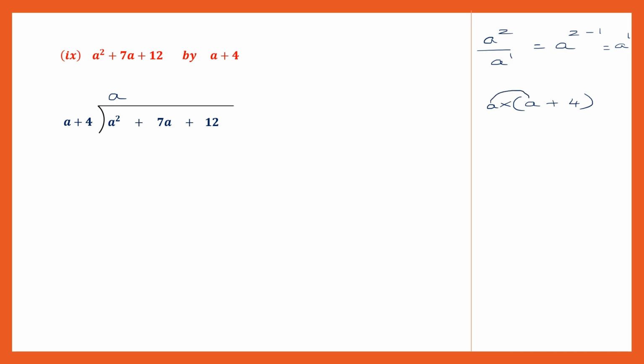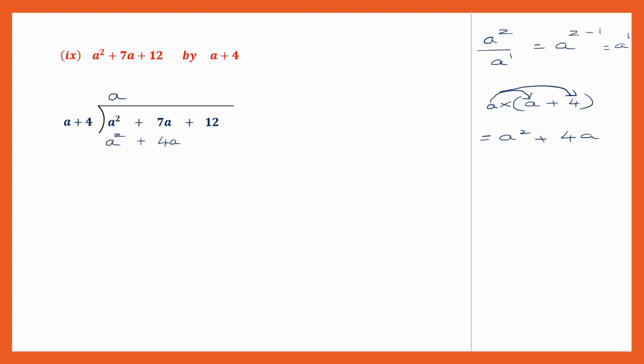So first we multiply a into a, which is a square, and then we multiply a into plus 4, which is plus 4a. And we write it down here. So what we got here, we are going to write it down below this. Okay, so let's write that. So that is a square plus 4a.